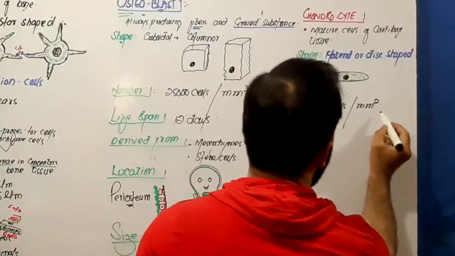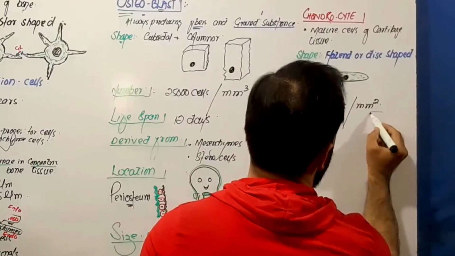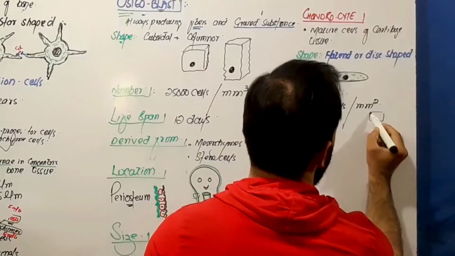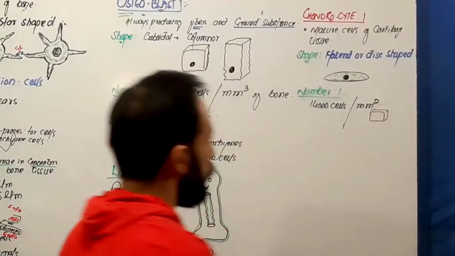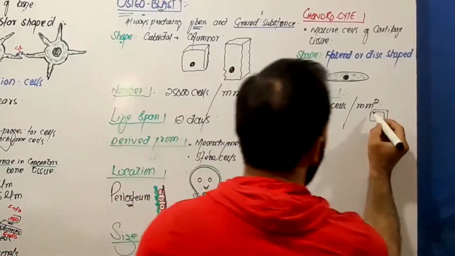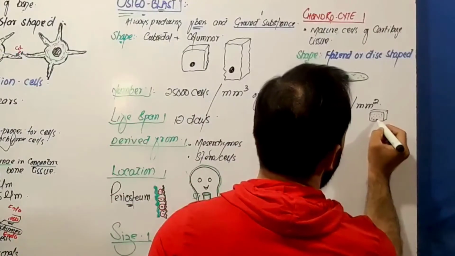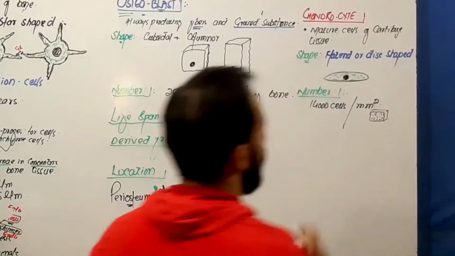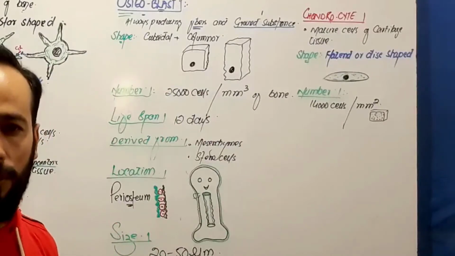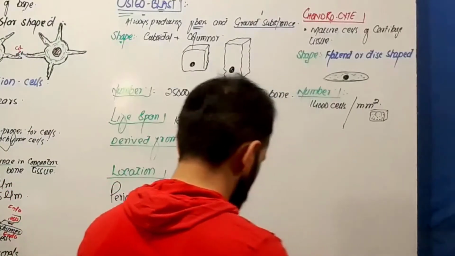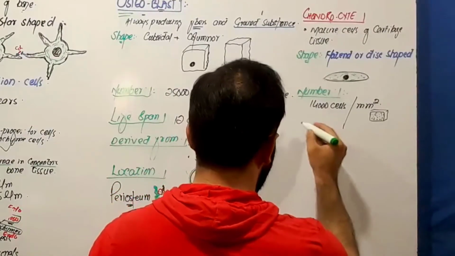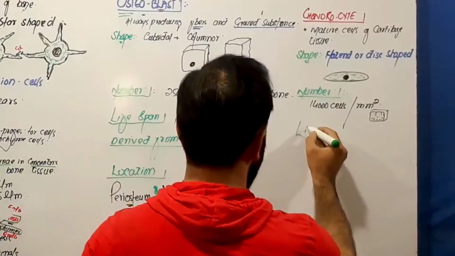So if you take 1 millimeter square of that tissue, you will find about 14,000 chondrocytes present in that piece of the cartilage, right?